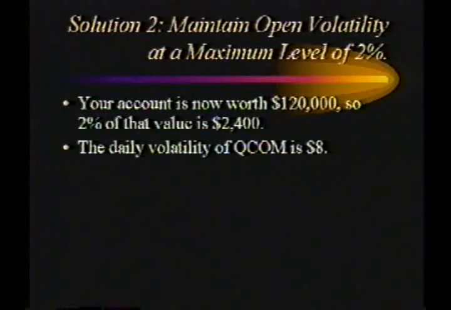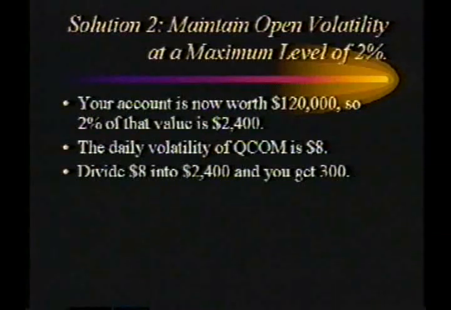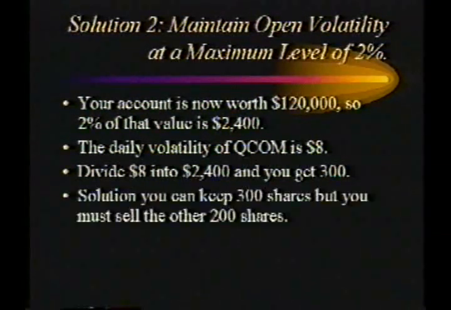Daily volatility of Qualcomm is $8. So you divide $8 into 2,400, and you get 300 shares. So you can keep 300 shares. You have to get rid of the other 200. So now, based on how much the stock fluctuates, you're again maintaining a constant level. And again, you can make this kind of adjustment hourly, daily, weekly, monthly, however often you want to do it.